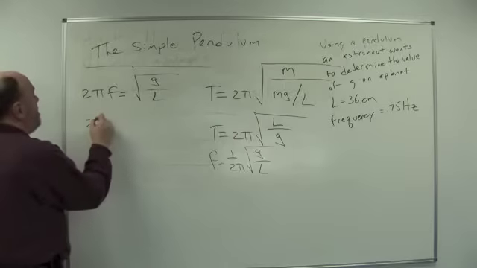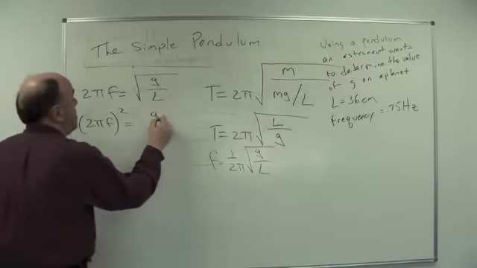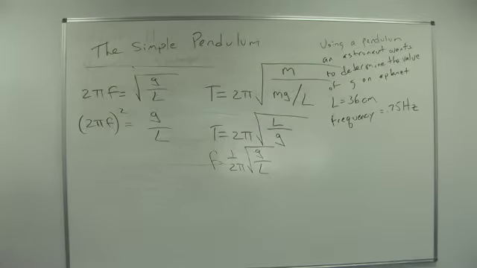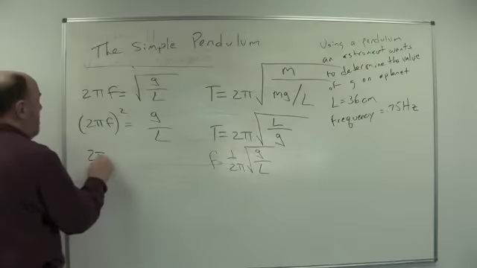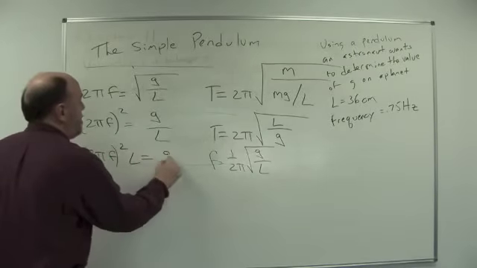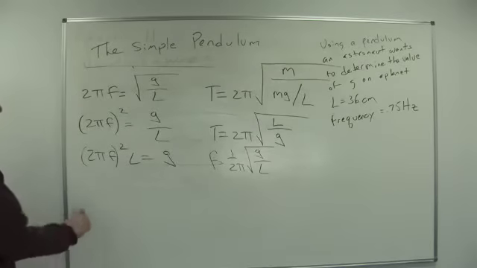So we get (2 pi f) squared equals g over L. And then the opposite of dividing is to multiply, and so we get (2 pi f) squared times L gives me g.